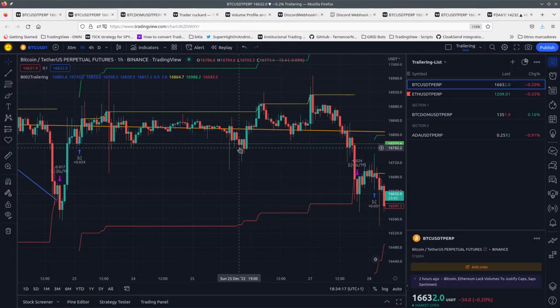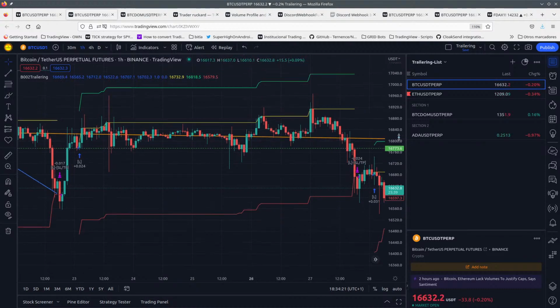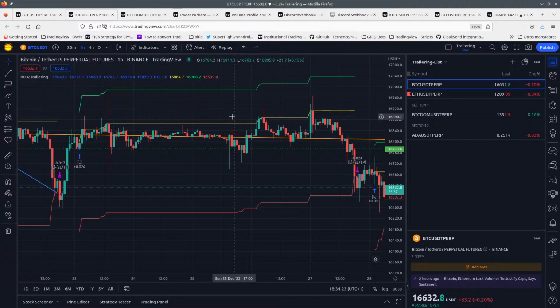So we have one here and another one here, which would make this green line go down a bit. So we should probably be like here, something like that. Then it will go up again, because that's what you do with this.